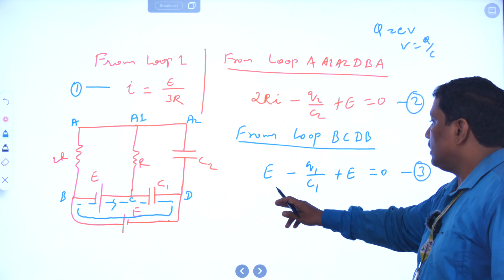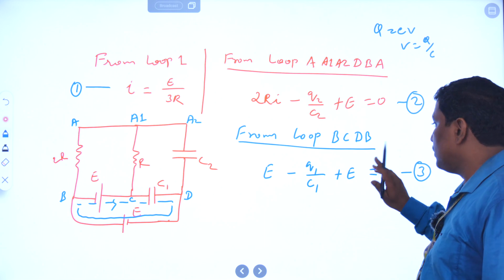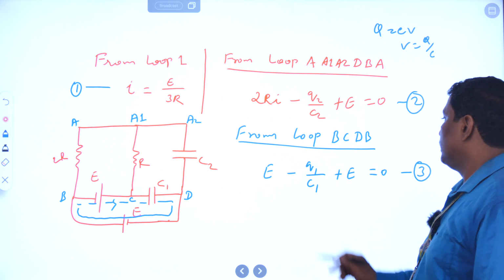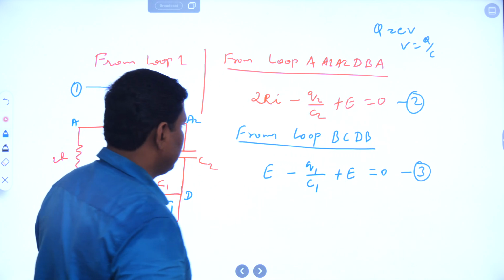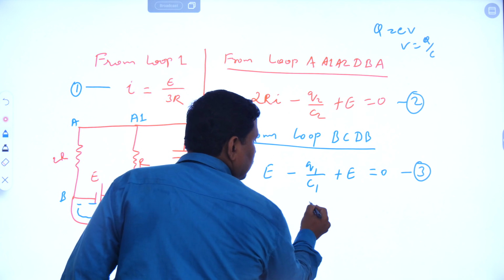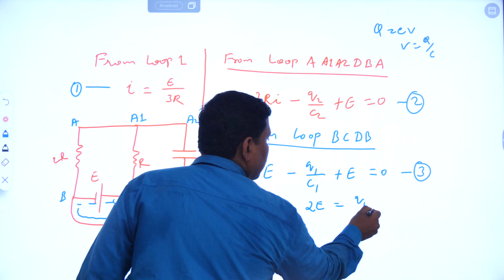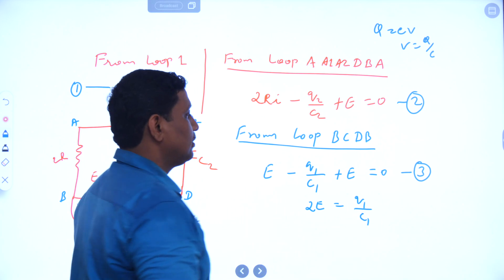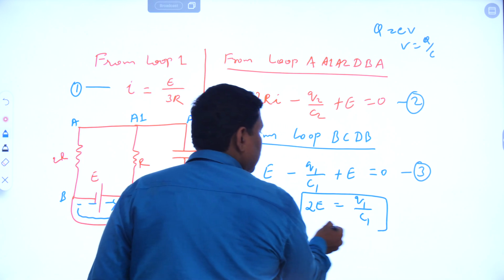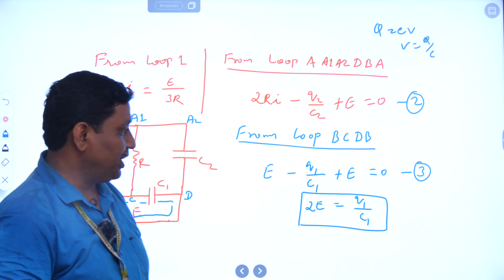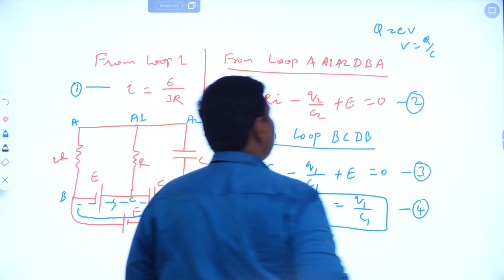From the loop, apply KVL law: E minus Q1 divided by C1 plus E equal to 0. Okay, so now simplify equations 2 and 3. Clear? So here 2E equal to Q1 divided by C1. So Q1 by C1 is nothing but 2 times the battery voltage. Clear? So this we can consider the fourth equation.